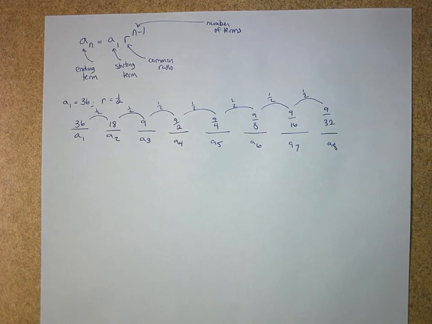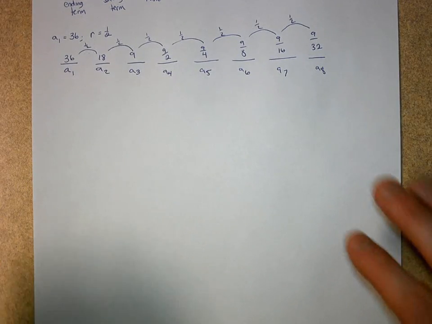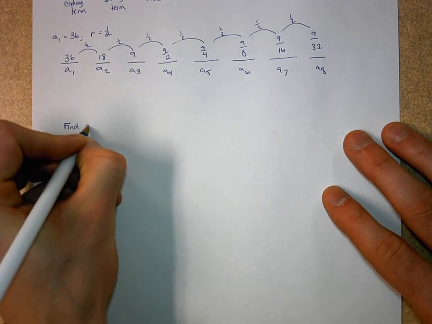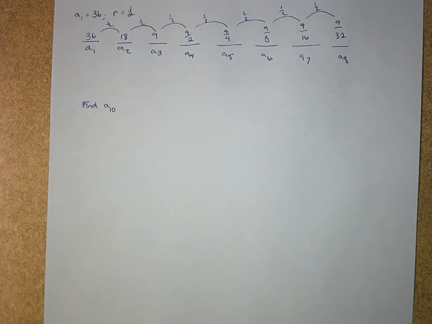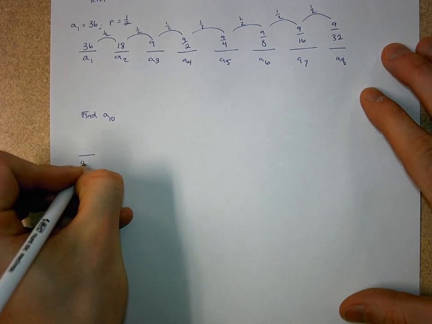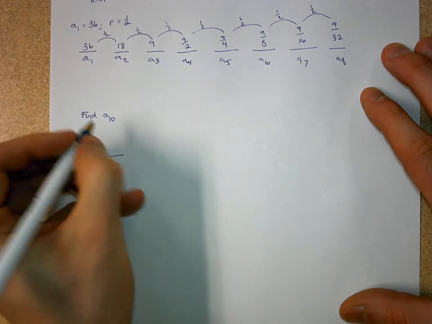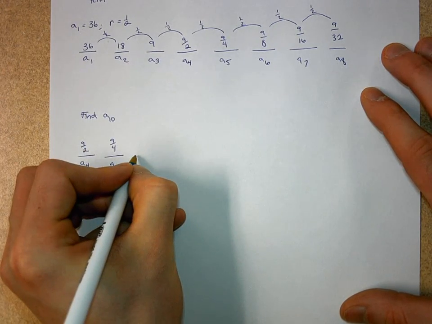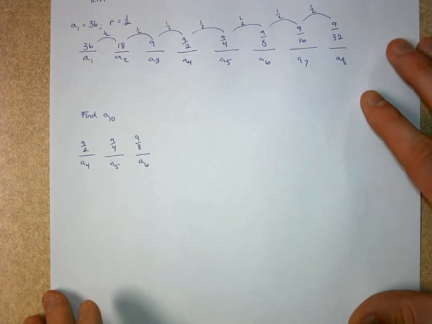Now, the piece that I want to show you is that this might not always have to be a sub 1. Let's give the hypothetical situation that I want you to find a sub 10. And let's say that I start by giving you a sub 4, which is 9/2, a sub 5, 9/4, a sub 6, 9/8.